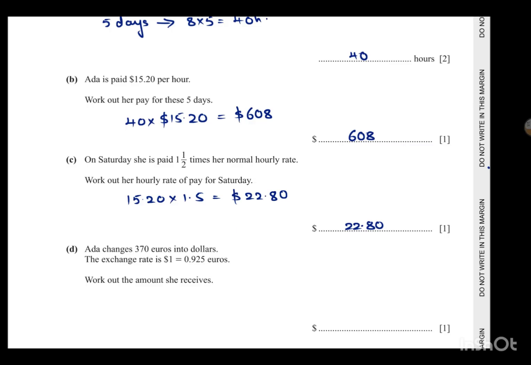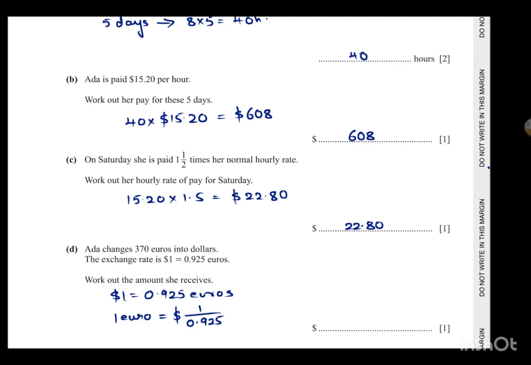So we will convert this into 1 euro. $1 is 0.925 euros. Now we don't know what 1 euro is. So 1 euro is equal to, we have to divide this $1 by the given euros for $1. So 1 euro is equal to 1 by 0.925.